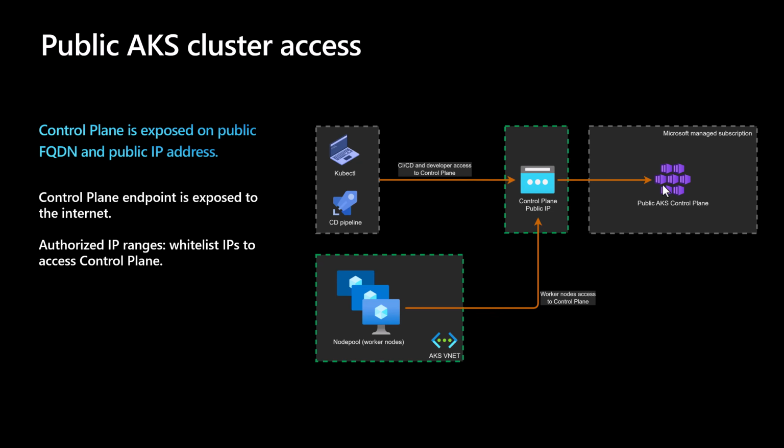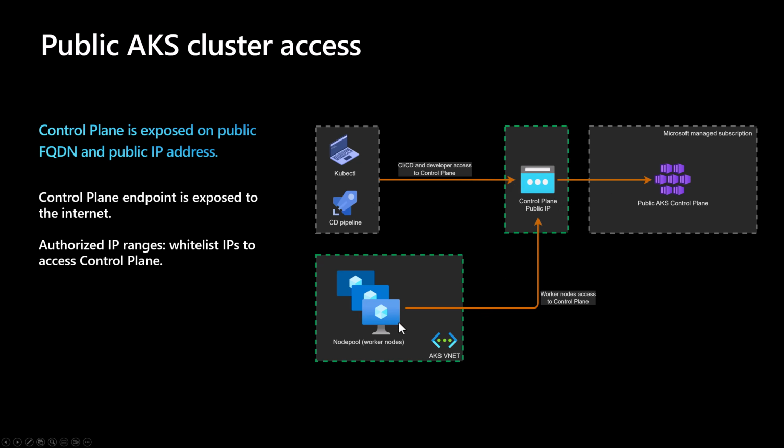What makes it a public cluster? What makes it public is the access to the control plane. It is done through a public endpoint, that is, a public FQDN and a public IP address exposed over the internet. So the users can use kubectl in order to access that control plane, deploy applications, and so on.